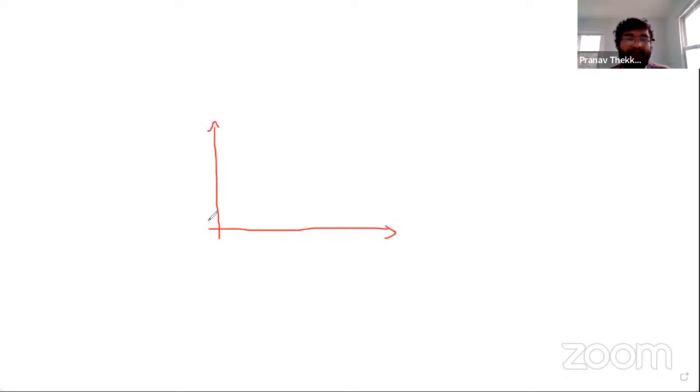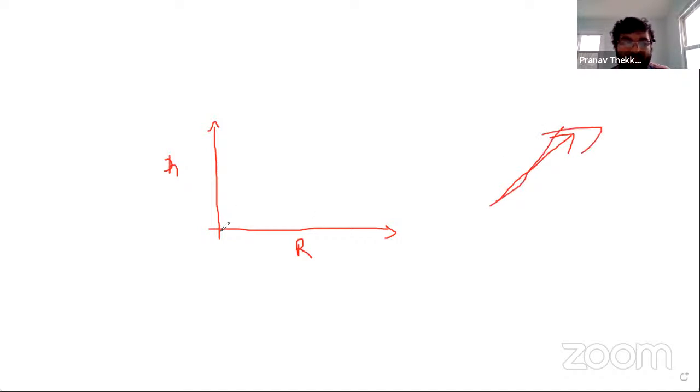Let's say I throw a ball. When I throw a ball, let's say I throw it at an angle like this. So what I graph is the position, height, and I draw the distance that the ball covers. So let me put this as R. So let's say I throw the ball along this height, along this way.